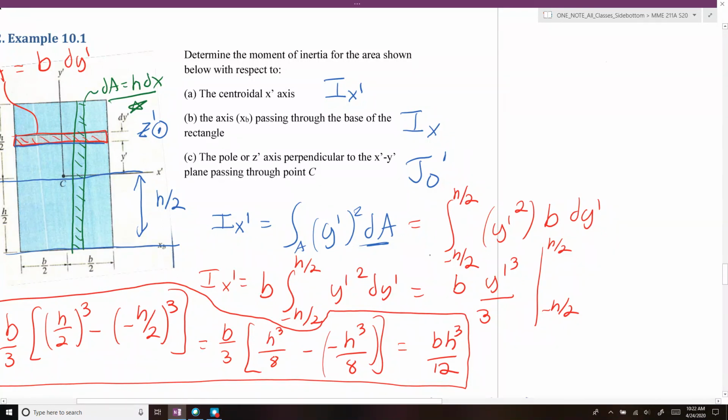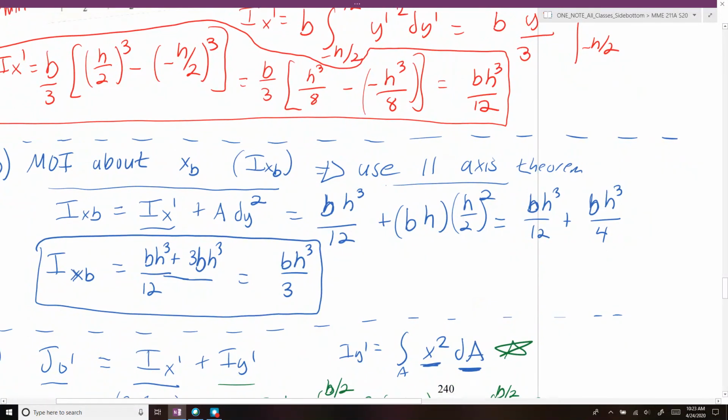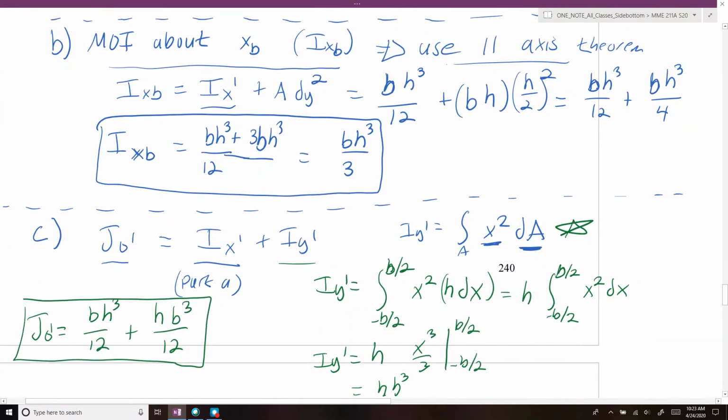Once you have the moment of inertia about a centroid, you can calculate the moment of inertia about any of the axes that are parallel to that axis. You just have to use the parallel axis theorem, plugging in the area times d of y, and once you add that, you'll get the answer here.